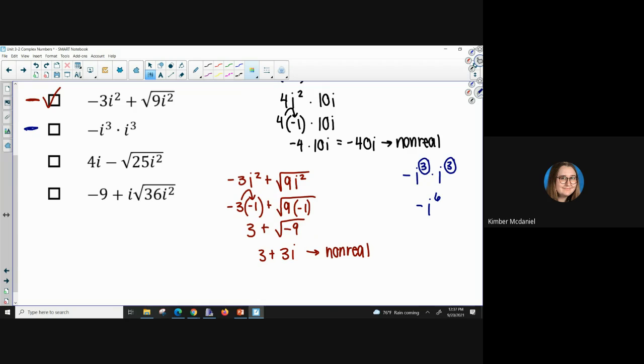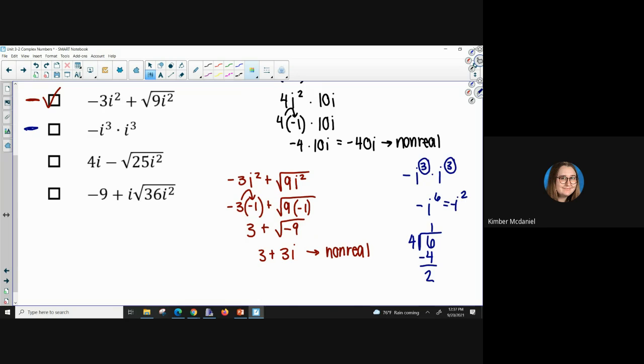Now we have to figure out what i to the 6th is equivalent to by dividing that exponent by 4. So how many times does 4 go into 6? Once. 1 times 4 is 4. So I get an exponent of what? 2. So -i to the 6th is equivalent to -i to the 2nd.